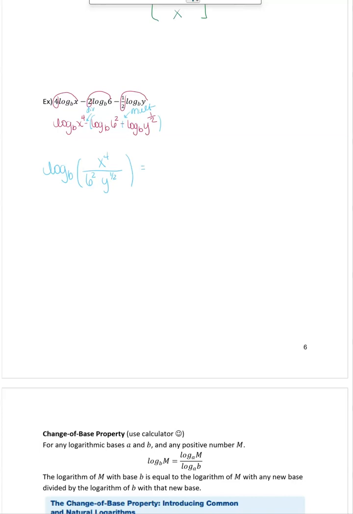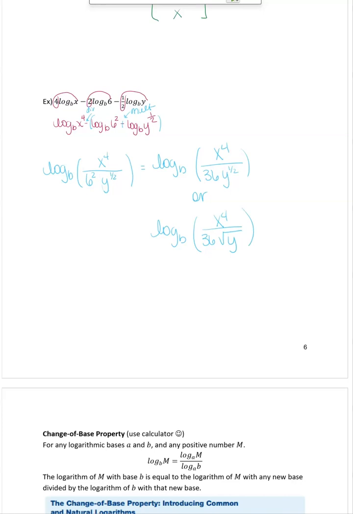Okay, but we're not done. Six squared is 36. Now you could write y to the 1/2 power, or you could have log b of x to the 4th over 36 square root of y. Either one of those will be fine, okay?